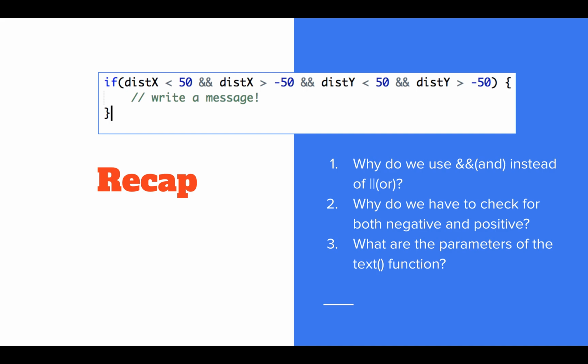And so we have to check both negative and positive because your X and Y should be situated at the very center of your avatar, assuming it's a circular or elliptical avatar. And so it has to go in all directions. And so the parameters of the text function are message, comma X, comma Y. All right.